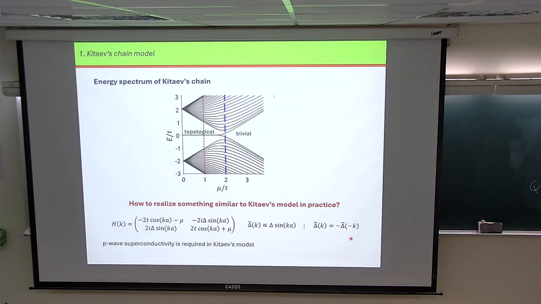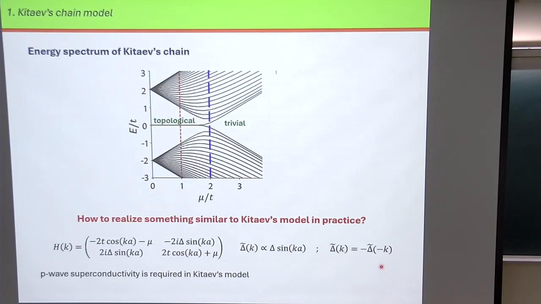It's a problem for realizing this because, as far as I know, we don't have any real demonstration that there is a p-wave superconductor in nature. There are some indications for some materials, but it's not firm. So this superconducting gap is so small that you cannot really see proof that it is indeed what it's expected to be. So as of today, we don't know any p-wave superconductor in nature, so we have to engineer it if we want to find this.